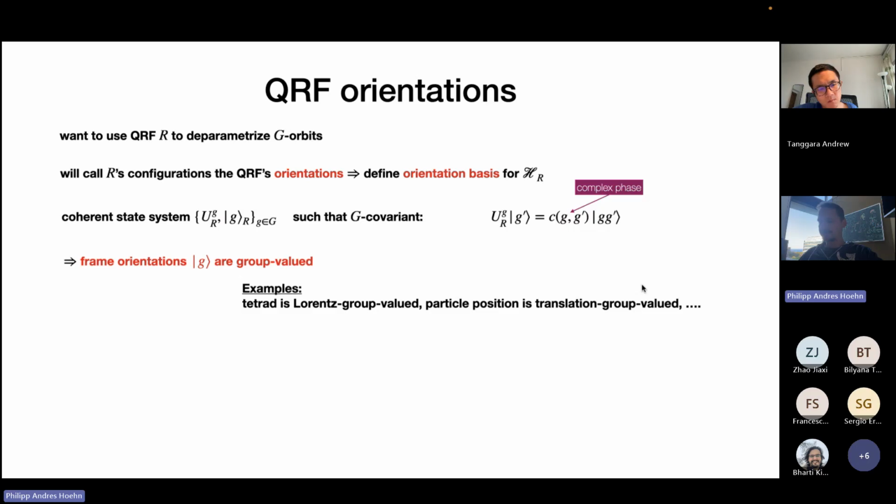So for instance, when you have a tetrad in the Lorentz group, it takes value in the Lorentz group. Or when you think of orthogonal bases in three-dimensional space, the orientations of those are labeled by the rotation group.